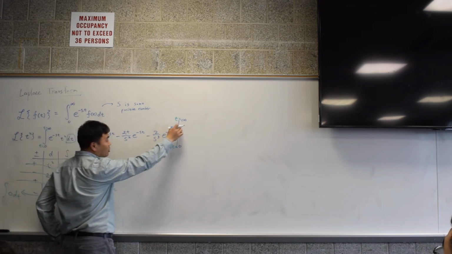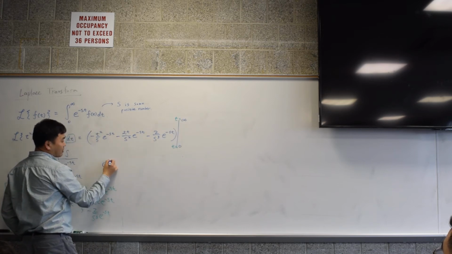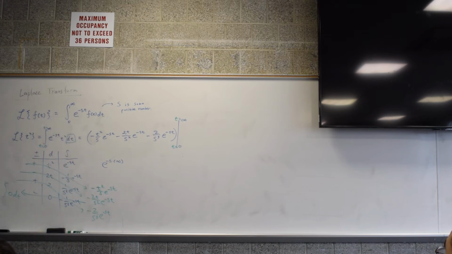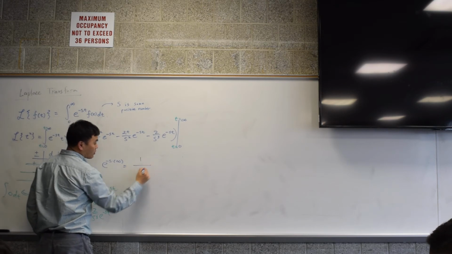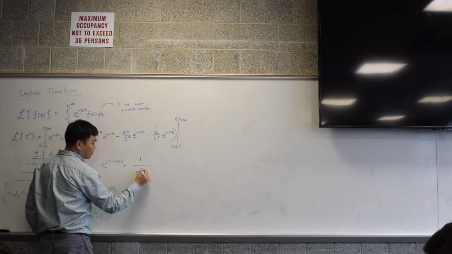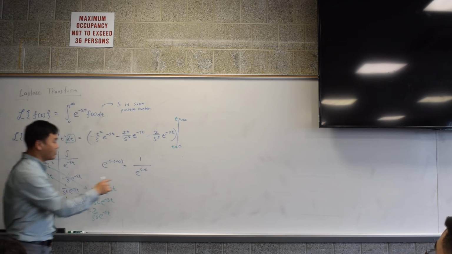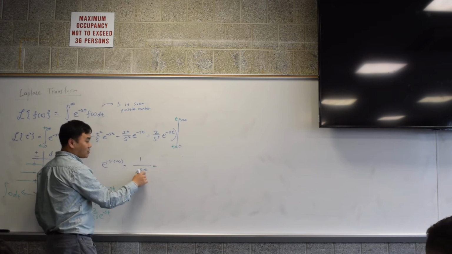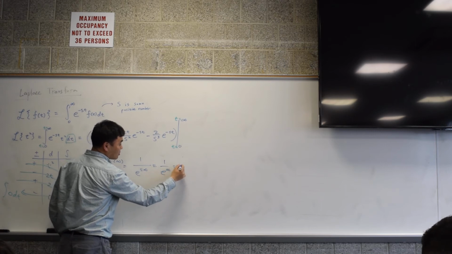Think about what's going to happen if you plug in infinity here. What is e to the negative s times infinity? 0. Right. As long as s is positive, this times this is positive infinity, so you have e to the negative infinity, which is 0.